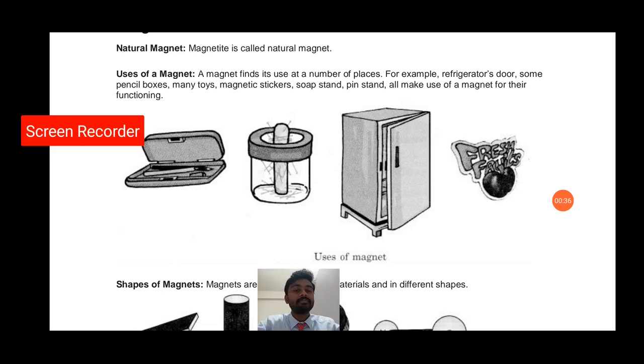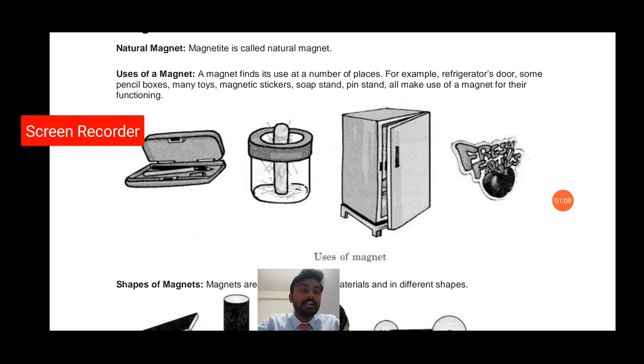The second one is uses of the magnet. You also use magnets many times, but you don't know. A magnet finds its use at a number of places.